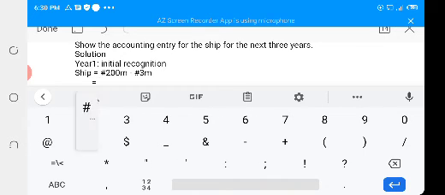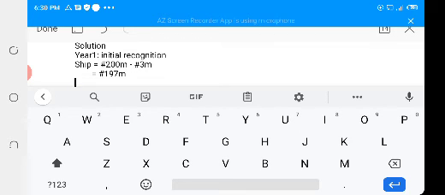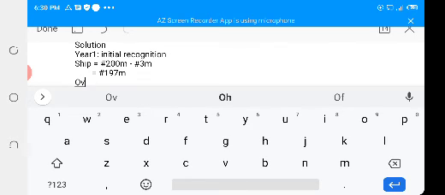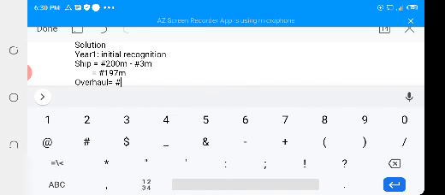So we have 197 million. This is the initial cost of the ship, while the initial cost of the major inspection, which is the overhaul, is 3 million.